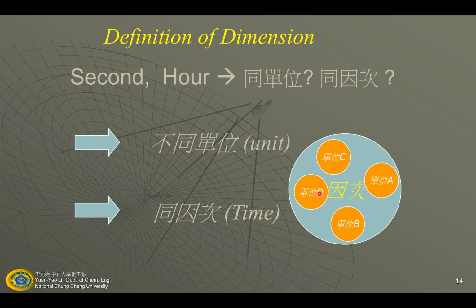So the dimension can involve many different units. In this case, it can be second, hour, day, years, right? Okay, so dimension is time, but unit can be second, hour, day, years, for example.